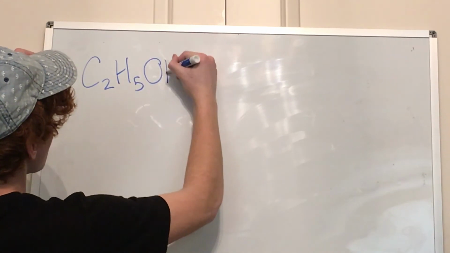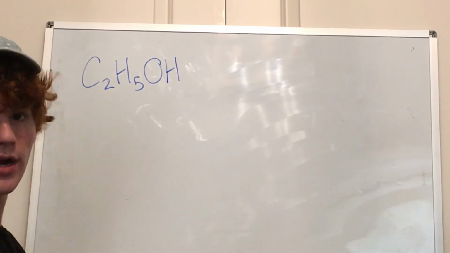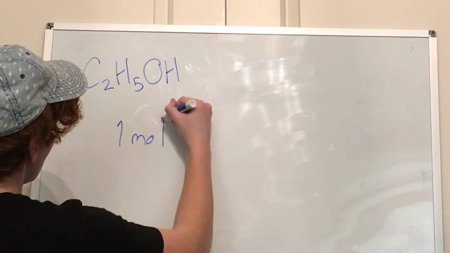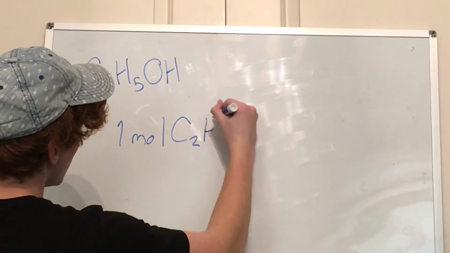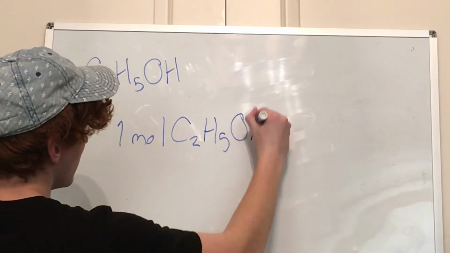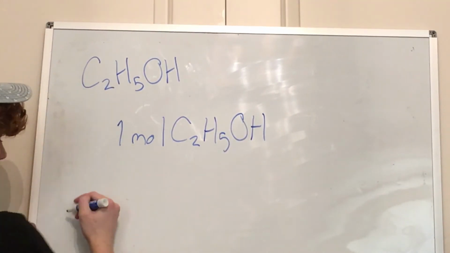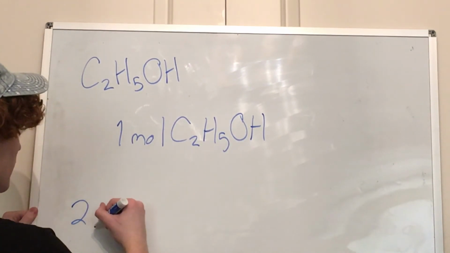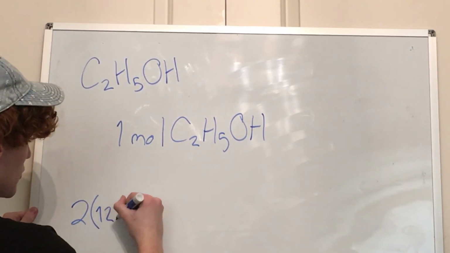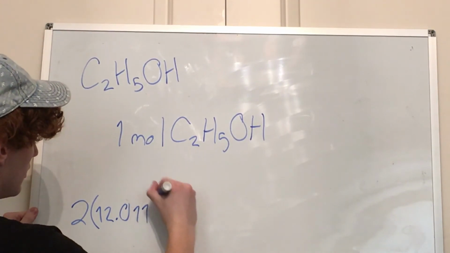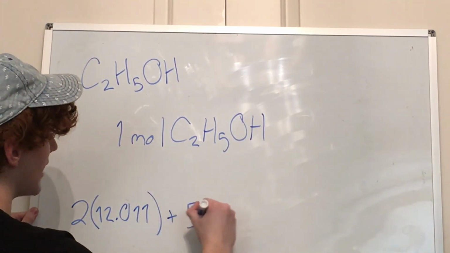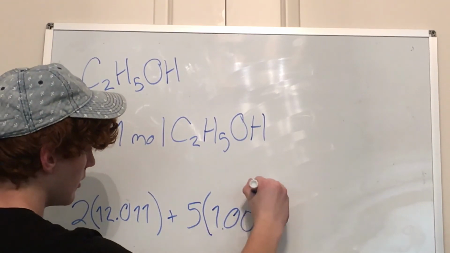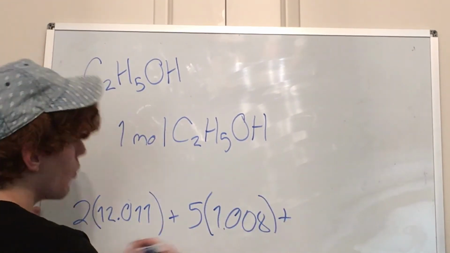right? So all we have to do to find out the number of grams per mole is we look at our periodic table, all right? And we see we have 2 carbons, and then we see the number under carbon is 12.011. So we got 2 times 12.011 plus 5 hydrogens. Hydrogen's number is 1.008, plus 1 oxygen.